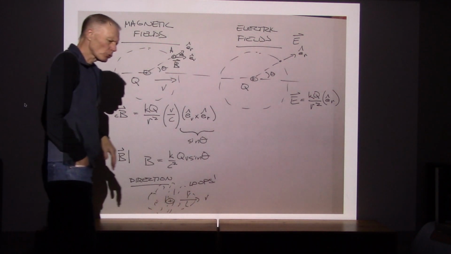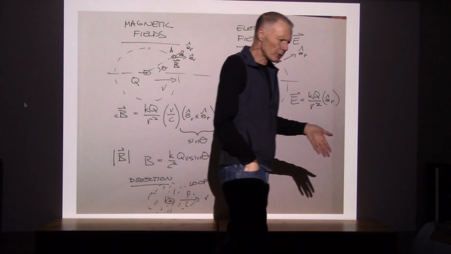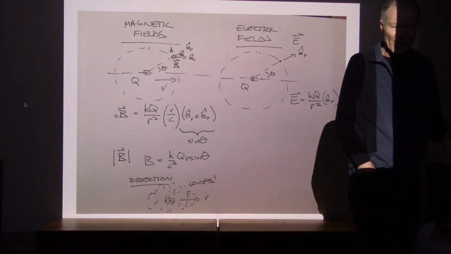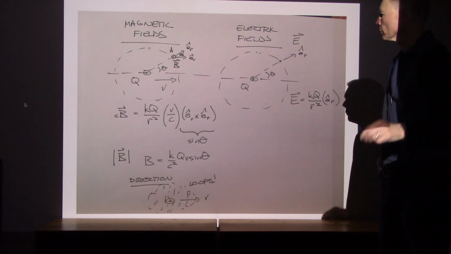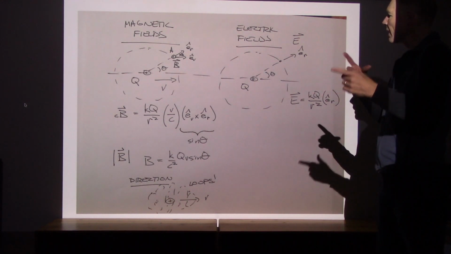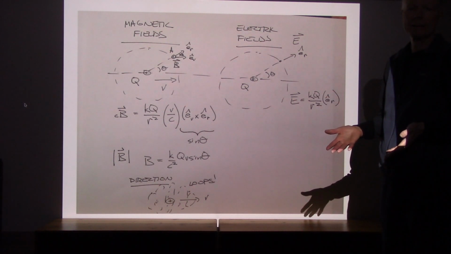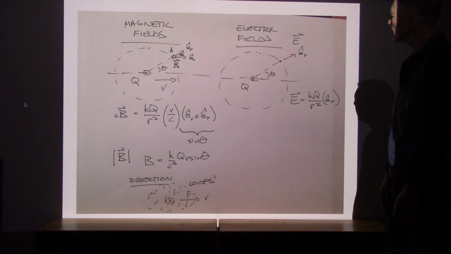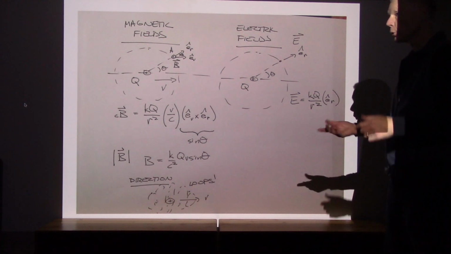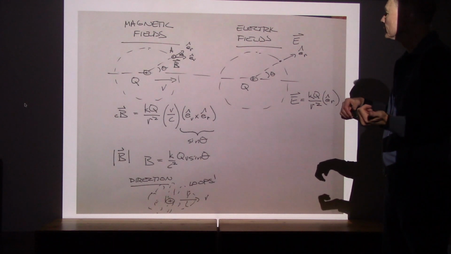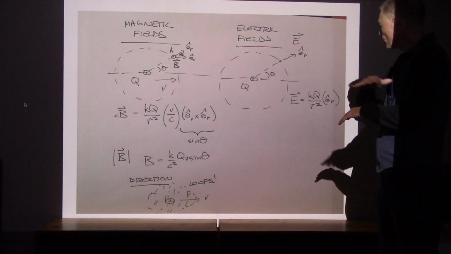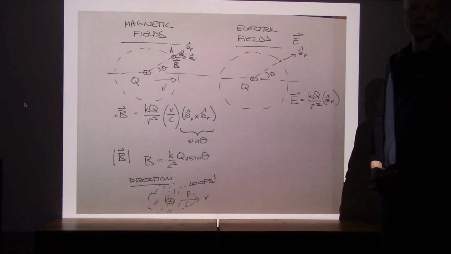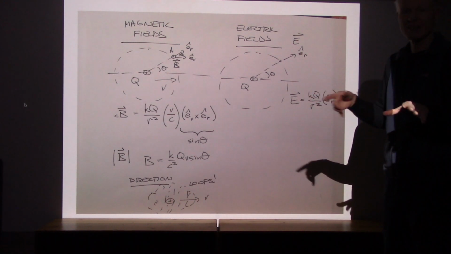It turns out that for historical reasons, we use different units for magnetic fields and electric fields. But we've understood for a long time that electric and magnetic fields are really part of the same package. Going back to special relativity again, there's just one formula that will give you all of the electric and magnetic fields combined, rather than 2 distinct formulas.